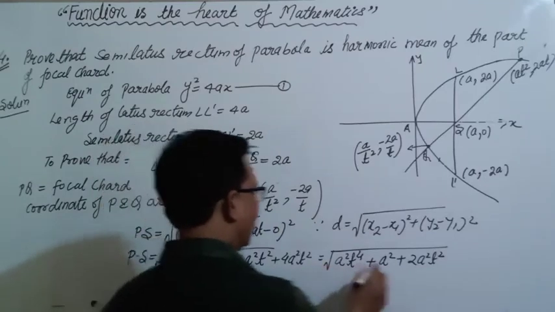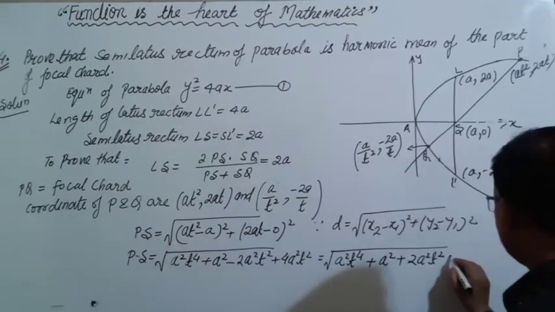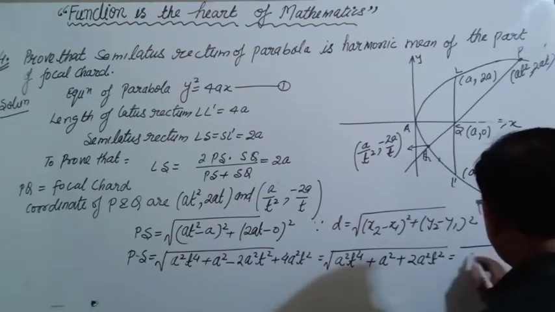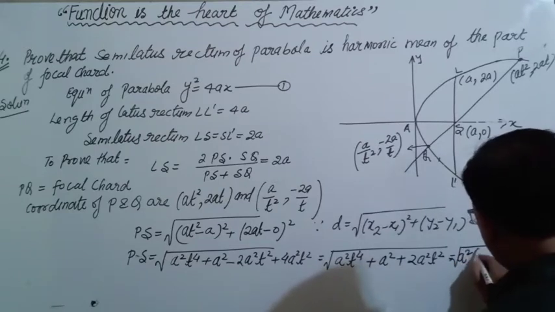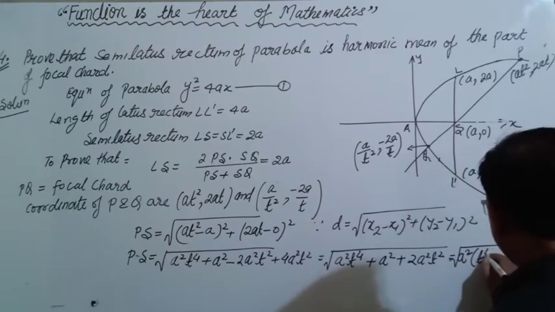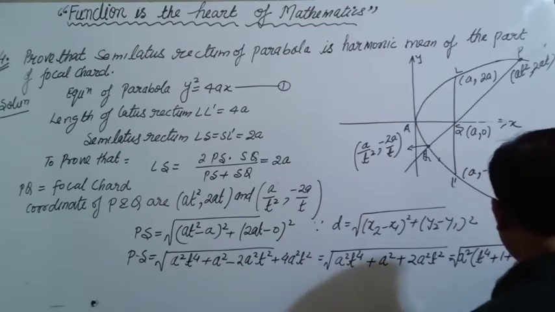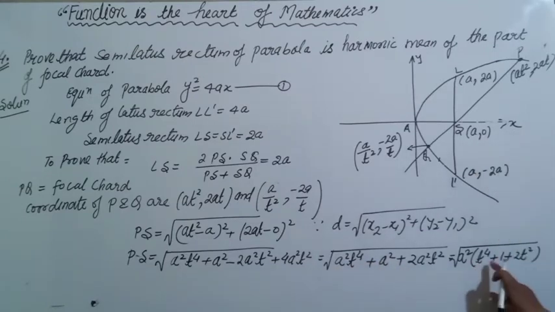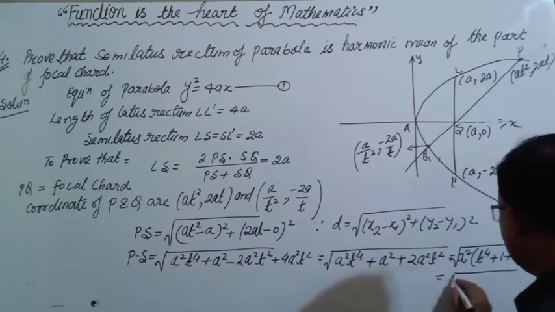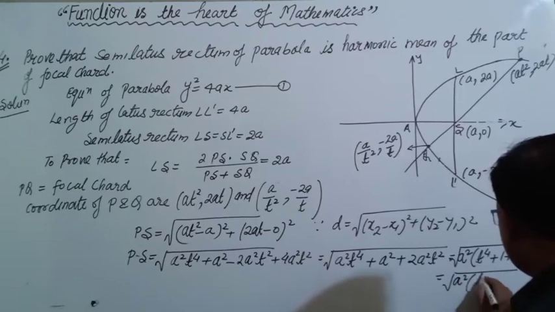If we take a² common, in the bracket we get t to the power 4 plus 1 plus 2t², which is a² plus b² plus 2ab. So this is a² times (t² plus 1) whole square.